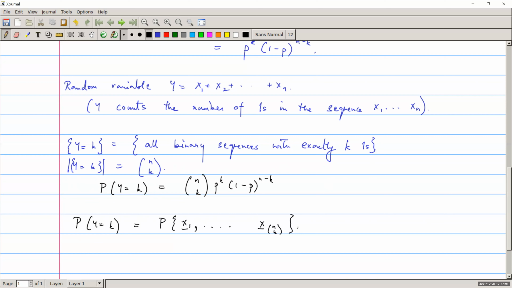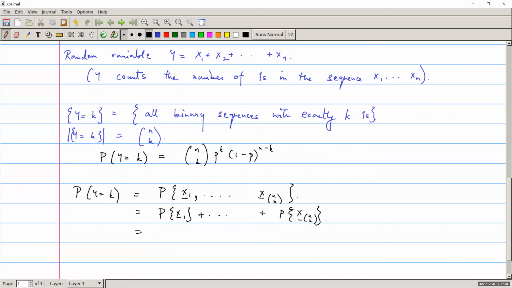So this event y equals k contains all these n choose k sequences. All we have to do is add up the probabilities of all these sequences, so we write it as a disjoint union. We are doing exactly what we did before, just abstractly. Now what is the probability of any one sequence with k ones and n minus k zeros?